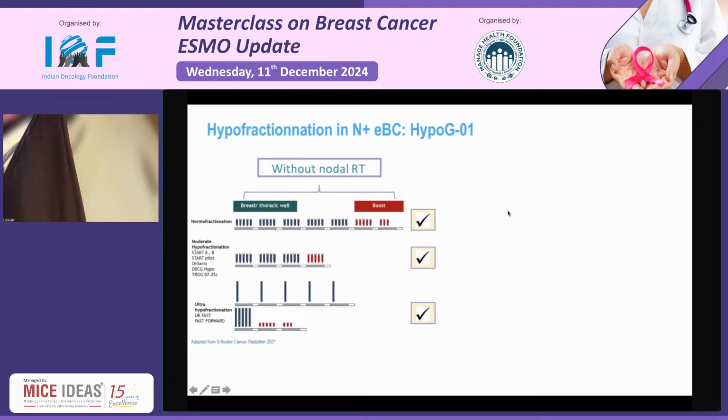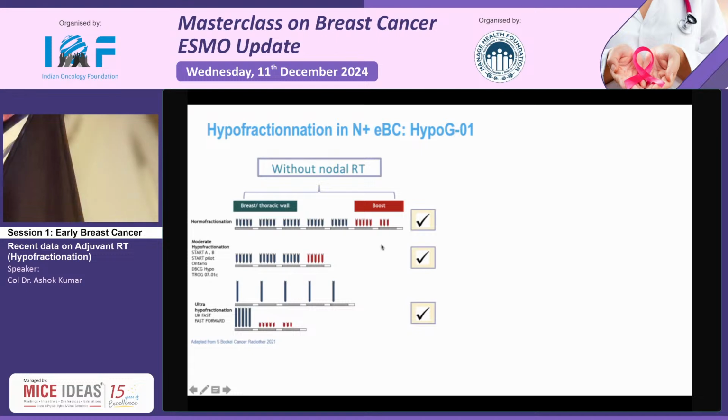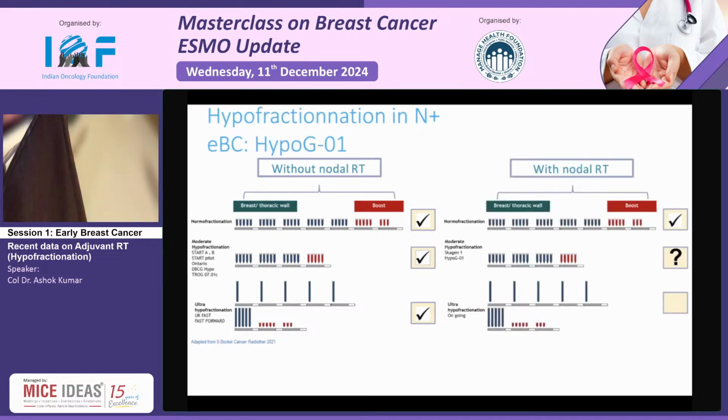Followed by, if it is a BCS, we give a boost of 10 gray in 5 to 7 fractions. However, this has been replaced in the recent past with the onset of the START A and START B trials, which gave treatment over a shorter period, then the Ontario and DBCG hypo trials, and then ultra hypofractionation with the UK FAST and FAST-Forward trials.